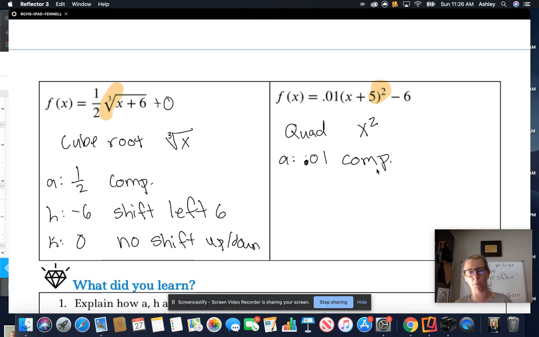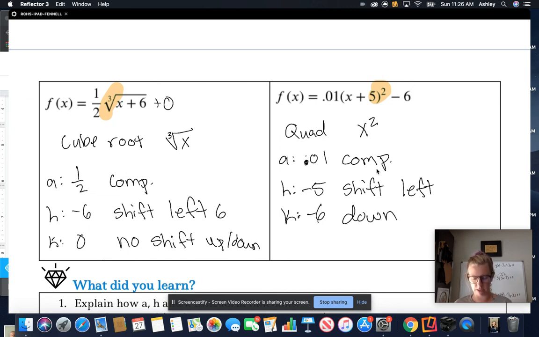So that's significantly compressed. This is going to be a very, very squatty parabola. Graph it in Desmos, see what you think. My H value is going to be -5, so that's going to shift left 5 units. And my K value is going to be -6, so we're going to shift down 6 units.